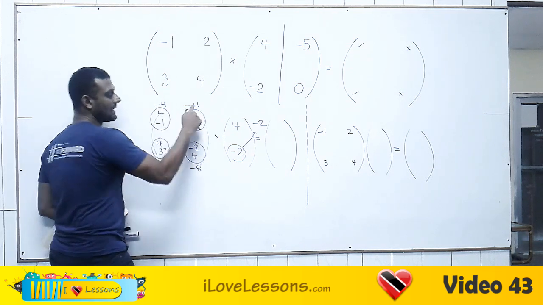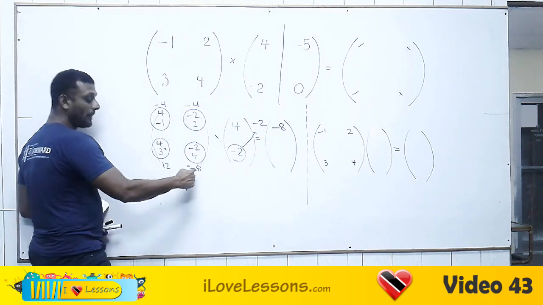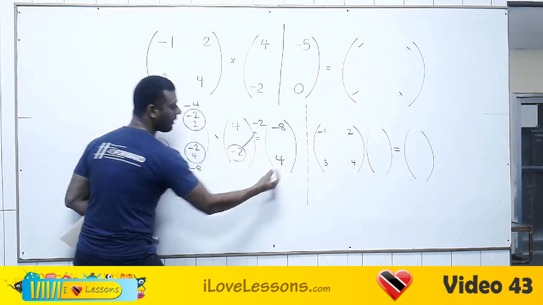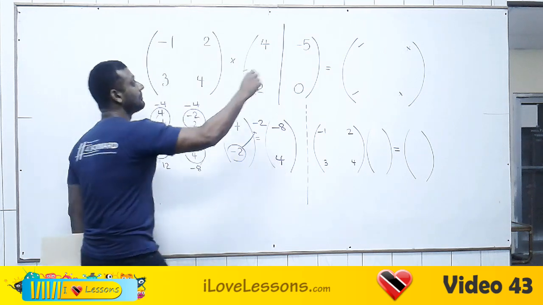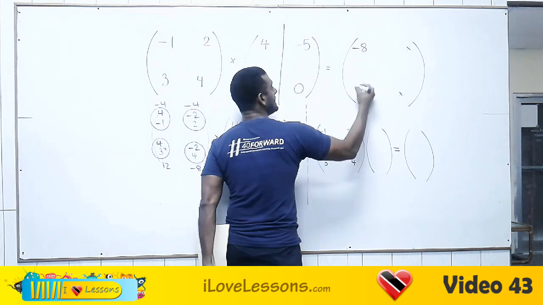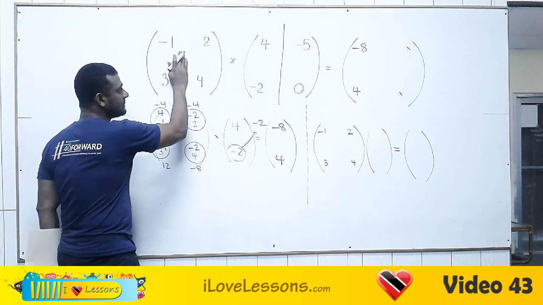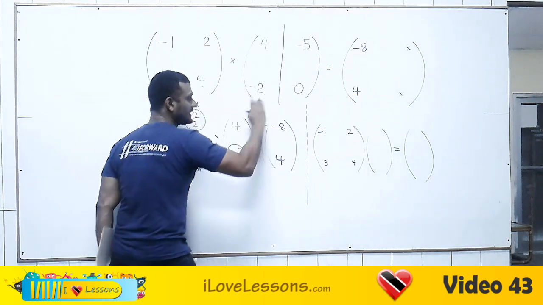Minus 4 plus minus 4 is minus 8. 12 plus minus 8 is 4. So that means my first 2 answers are minus 8 and 4. Right? So we took this matrix and we multiplied it by the first 2.